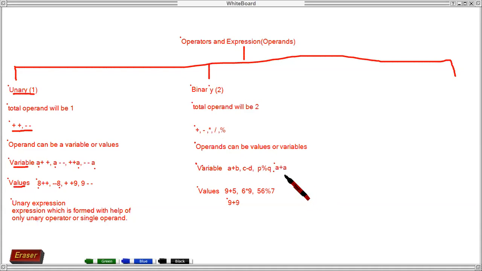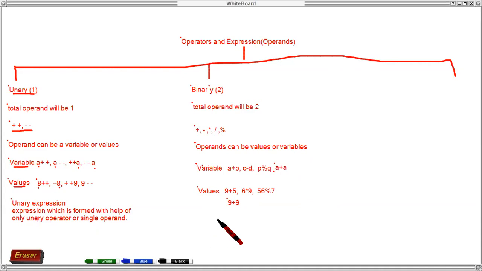It is not necessary that I should have two different variables. I can have the same variable. In spite of that, these remain binary because you are using two variables, and the same thing is applicable here also. So if I redefine the definition of the expression, we'll just have to change this part.